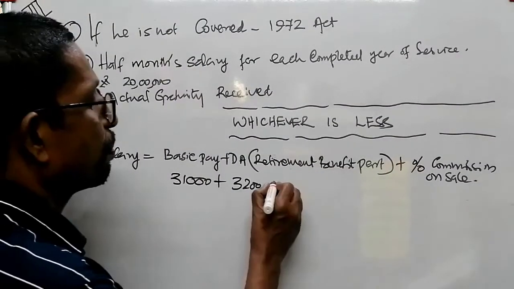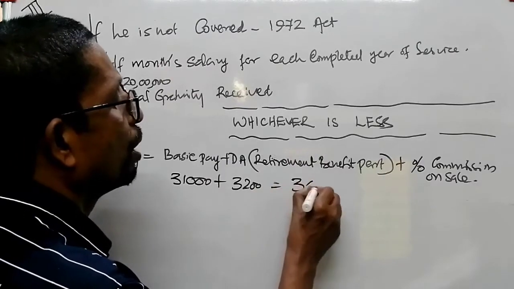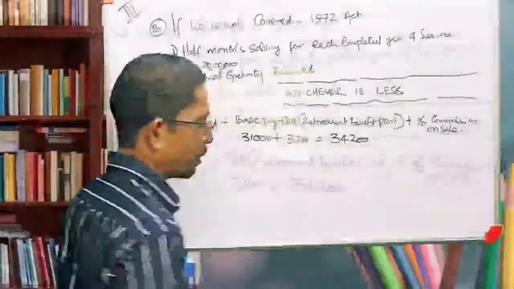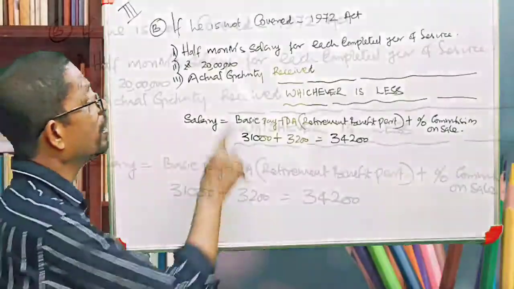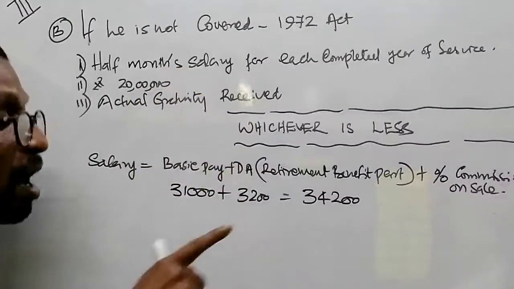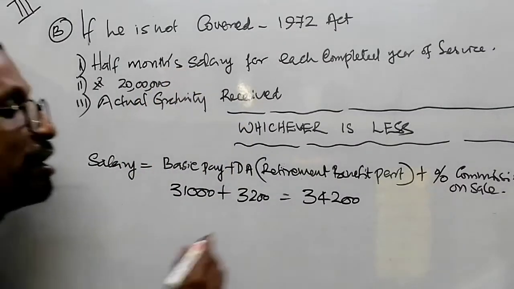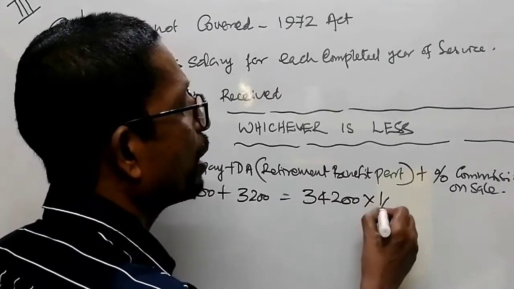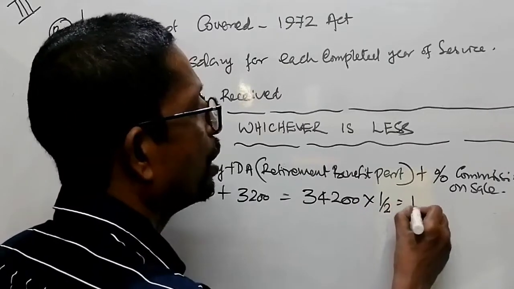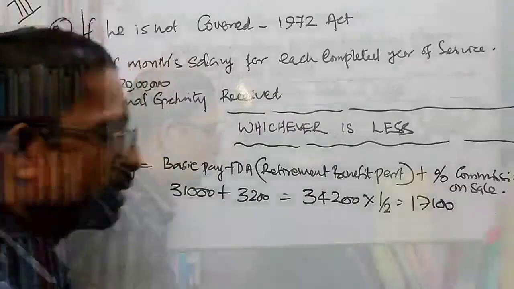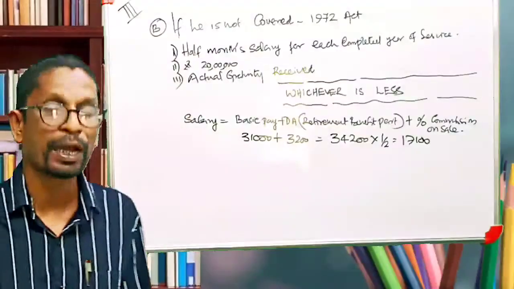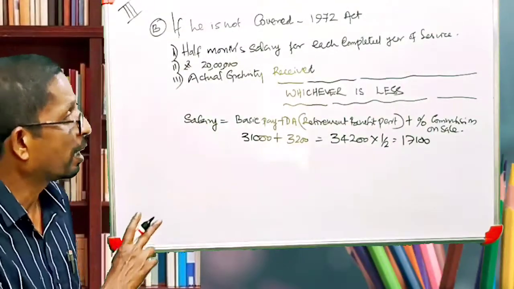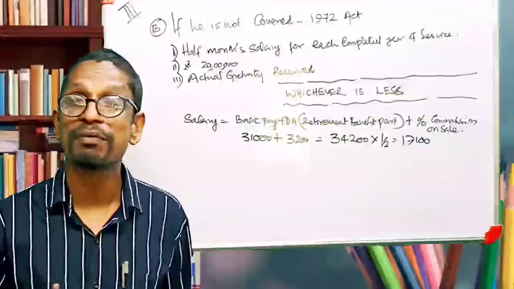Therefore his monthly salary is equal to 34,200. Here half month salary, half only, that means 34,200 into 1 by 2, that is 17,100.